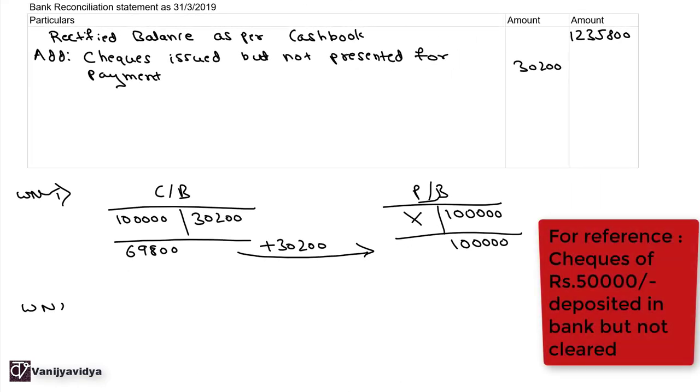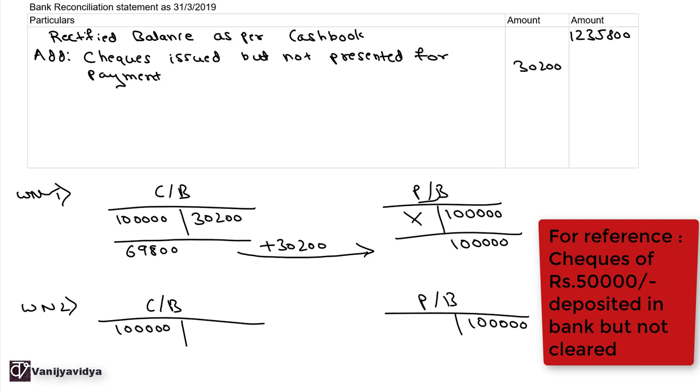Let's prepare a working note for this. Working note number 2. Cash book, passbook. Let's assume the balance as 1 lakh, 1 lakh on the credit side of passbook. Now there are checks which are deposited but not cleared. So checks deposited on the debit side of cash book 50,000, but since they are not cleared, no entry in the passbook.